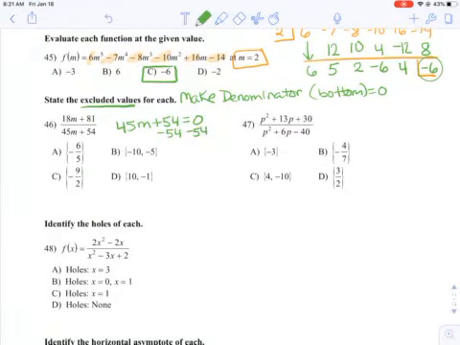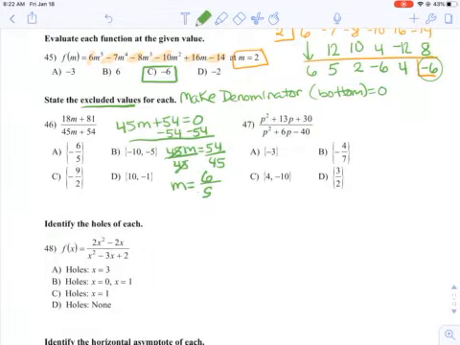Well, both of these have a 9 in them. So 9 times 5 and 9 times 6.